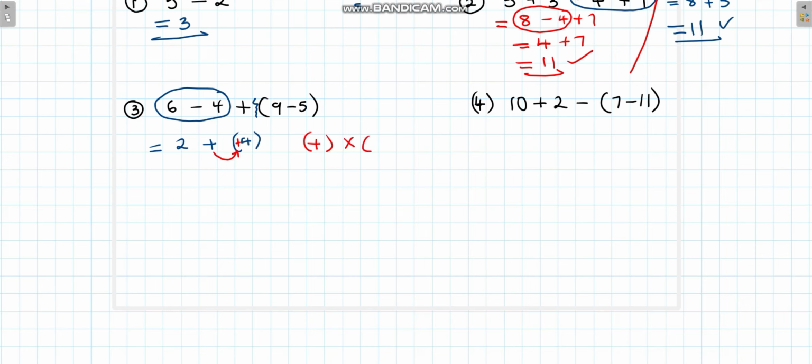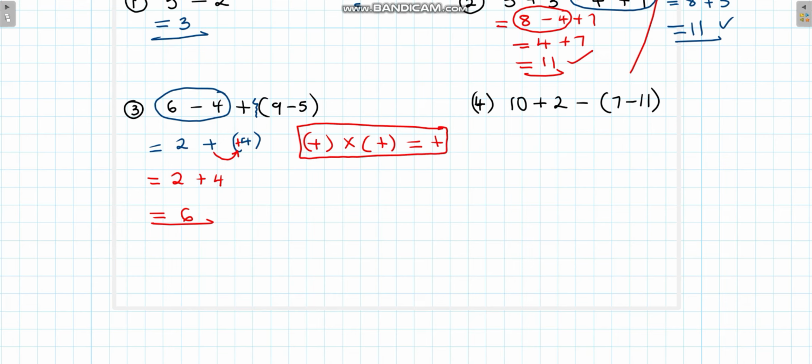What do you know about a positive times a positive? It is positive. So if I say a positive of a positive, I'll get a positive. So I'll have 2 plus 4. 2 plus 4 is 6. Very important. Our integers, we'll be using this thing a lot.